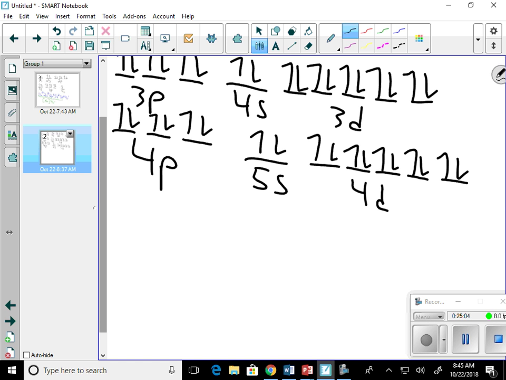4d being completely filled gives me all the way to cadmium, element number 48. Now we are over halfway there. But in order to get to number 49, indium, we have to jump back up from 4d to 5p. And that will be completely filled.